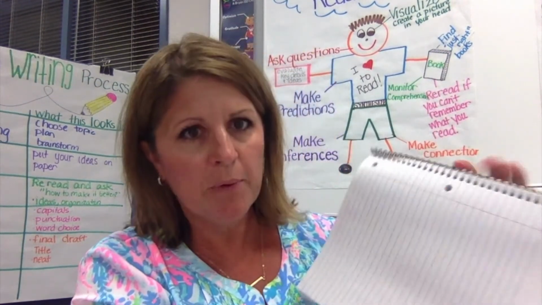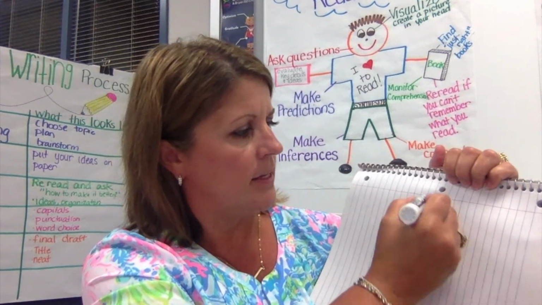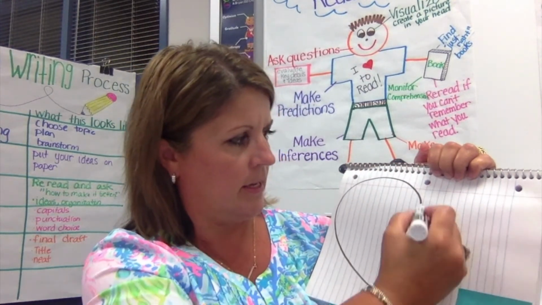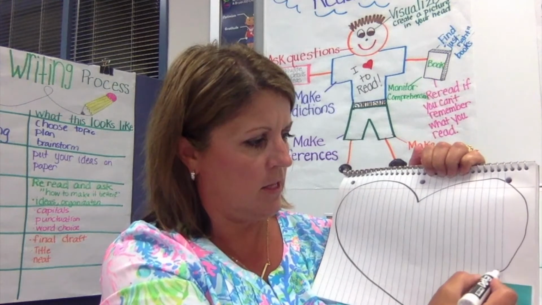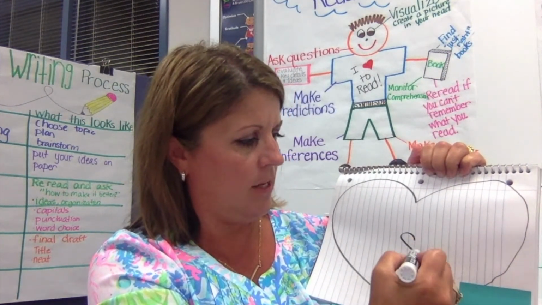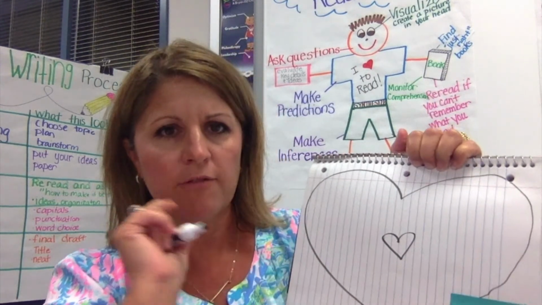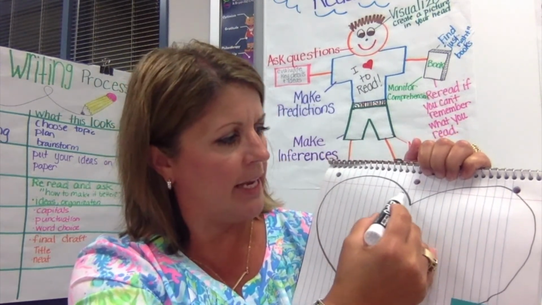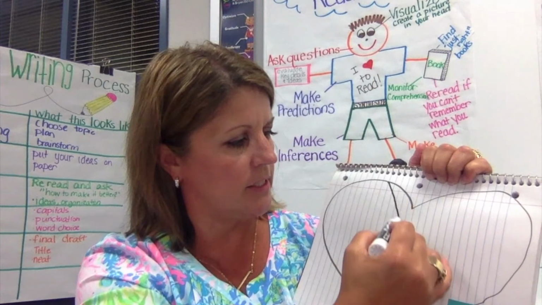And it might not be perfect, and that's okay. Here's my heart map, okay? And I'm going to draw a little heart in the middle. And then for today, I'm just going to divide it into 4 sections.